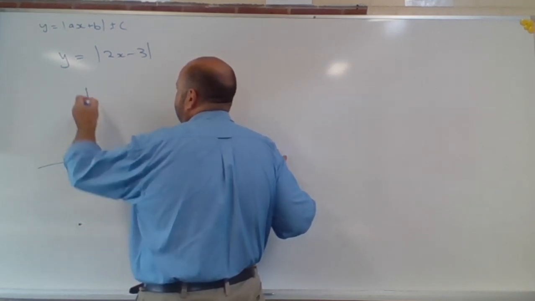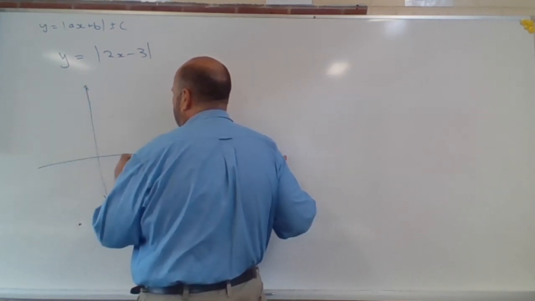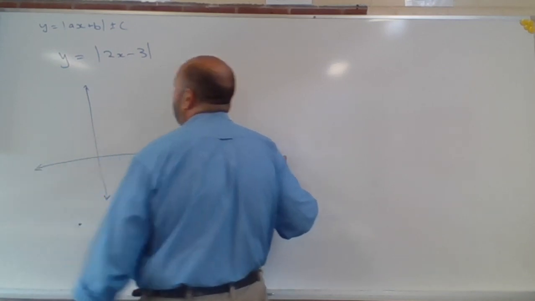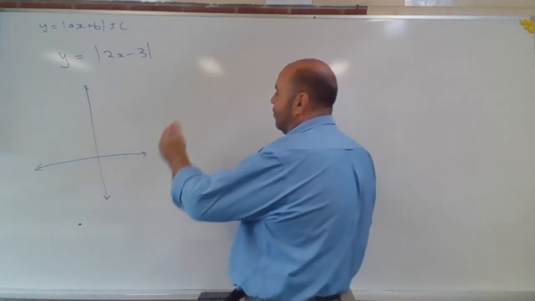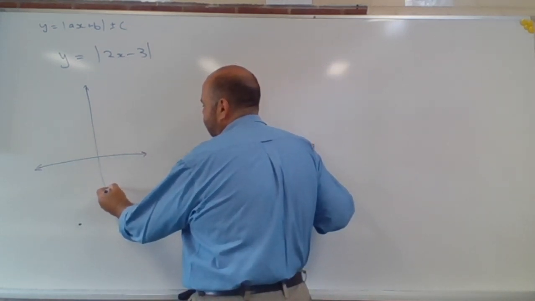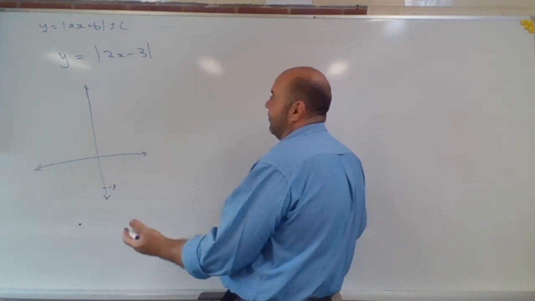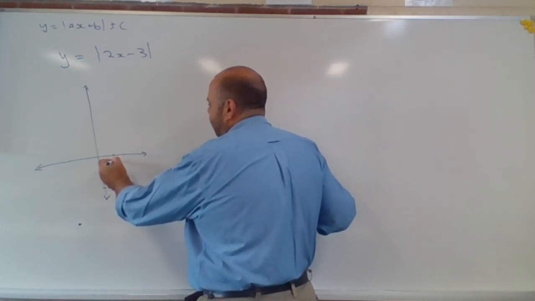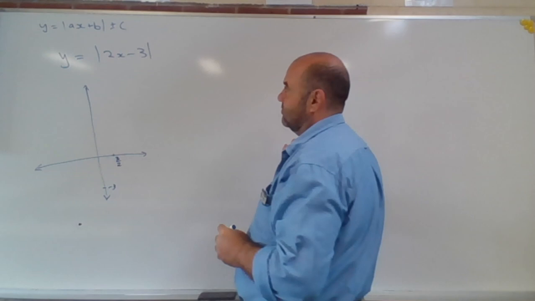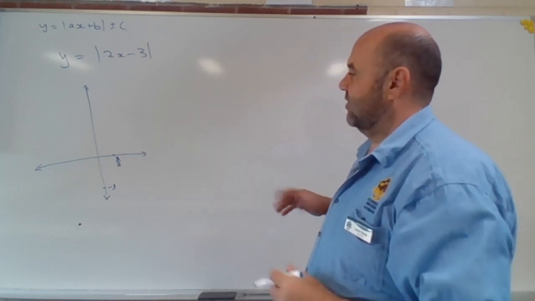What I told you to do was to think about what the graph of 2x minus 3 would look like. That normally would cut down here at -3. It'd have a gradient of 2, so its x-intercept would be up here at 3 on 2. So how do I get that?